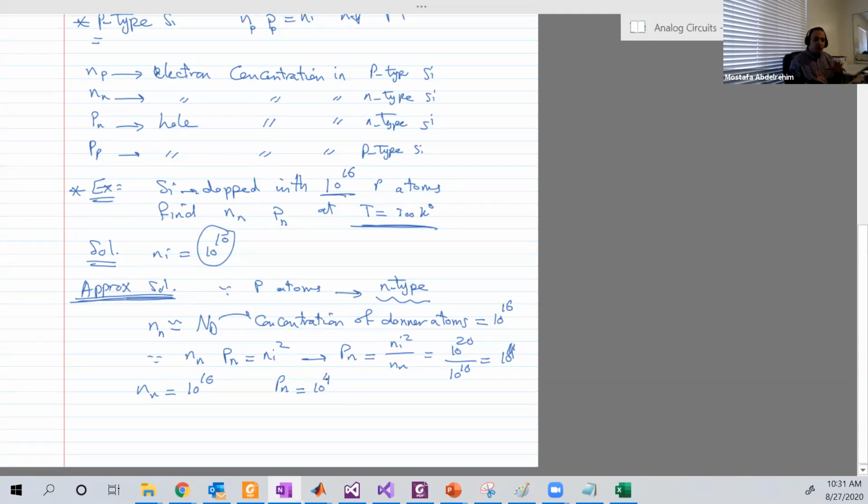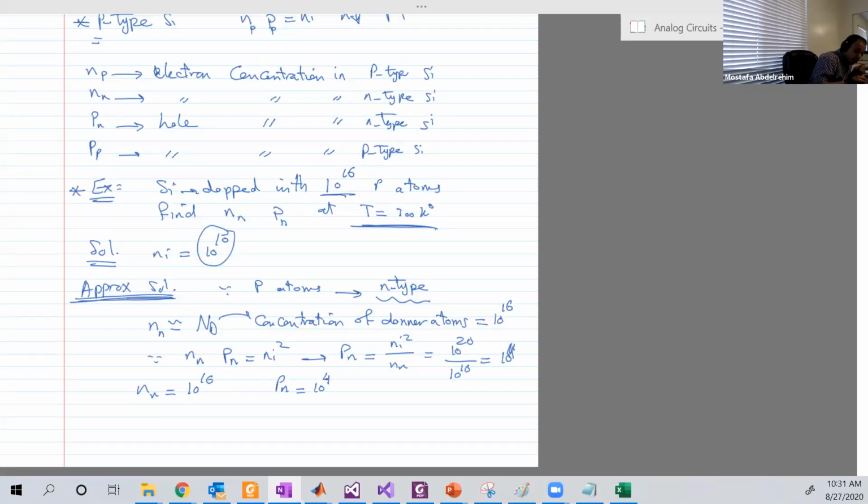So when we dope a silicon with donor atoms, the concentration of the electrons will increase, the concentration of holes will decrease. Basically, some of the newly added atom electrons, or created electrons, will fill the holes that were originally in the intrinsic silicon. That's why it decreases.